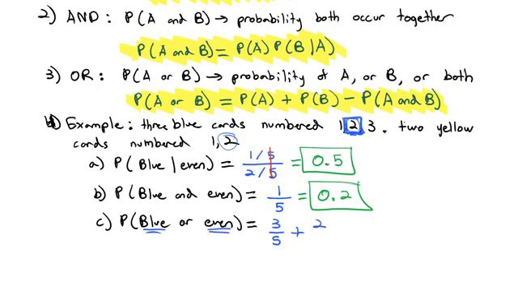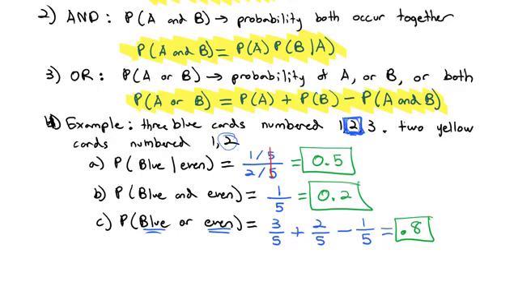There are 2 even cards out of 5. But then we need to subtract off the overlap, the ones that are blue and even. Blue and even, we know there's only 1 out of 5 that's both blue and even. So 3 plus 2 minus 1 is 4/5, which means we have a probability of 0.8 that it is blue or even.